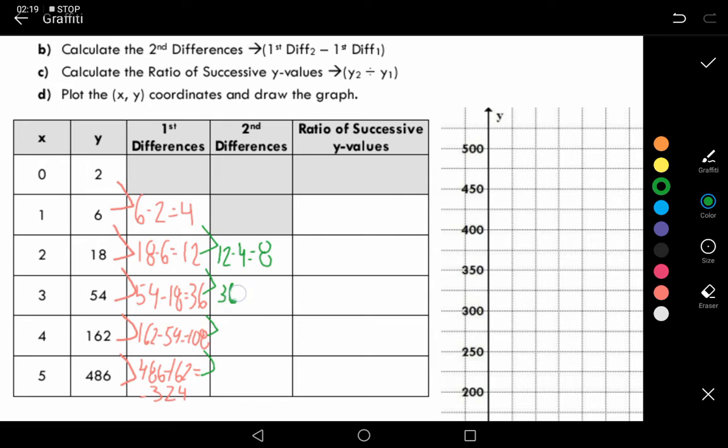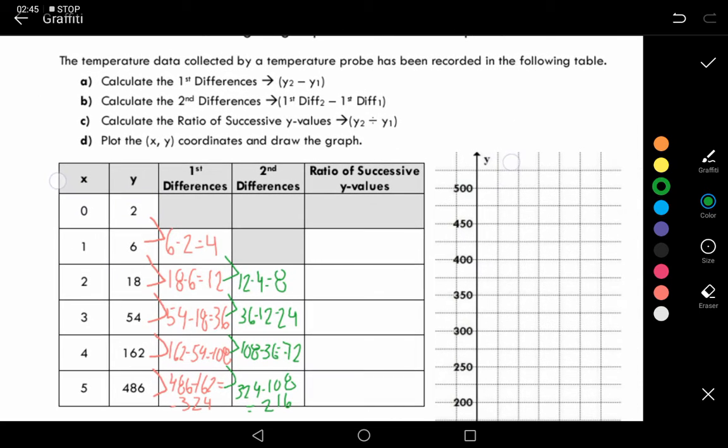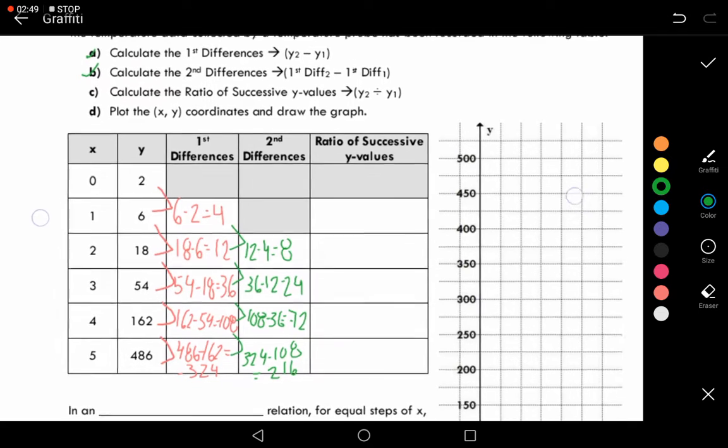We have 36 minus 12, which is 24. 108 minus 36 is 72, and 324 minus 108 is 216.